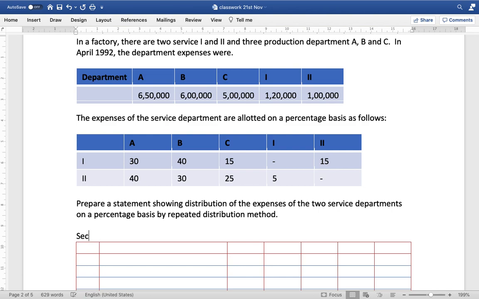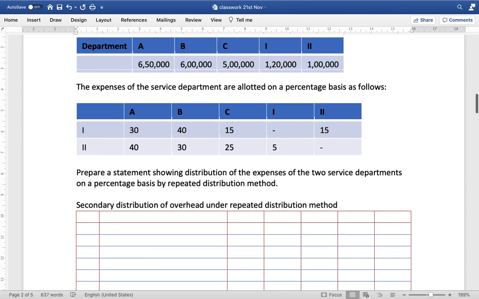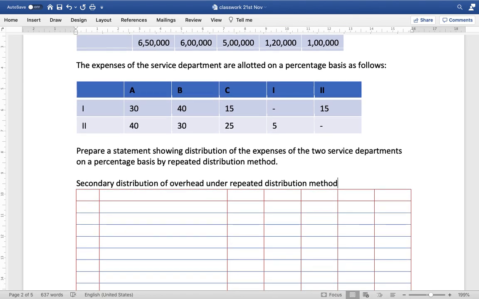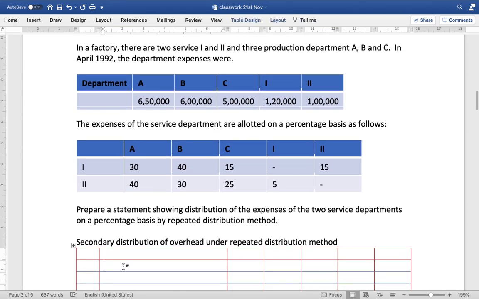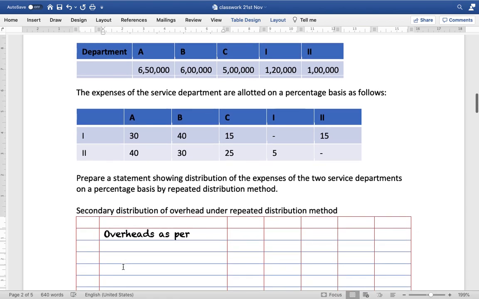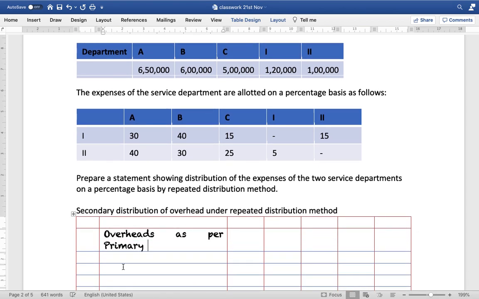So secondary distribution of overheads under repeated distribution, overheads as per primary distribution method.